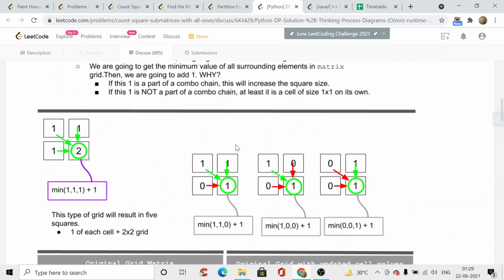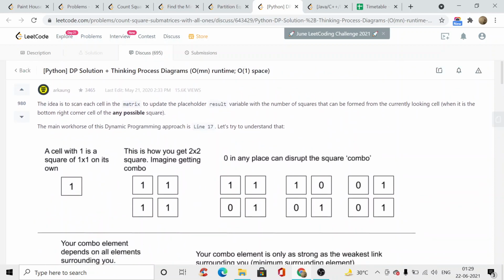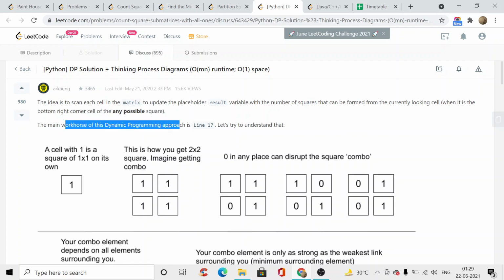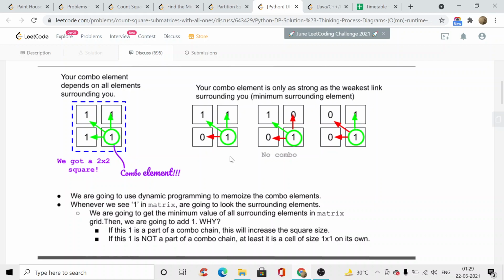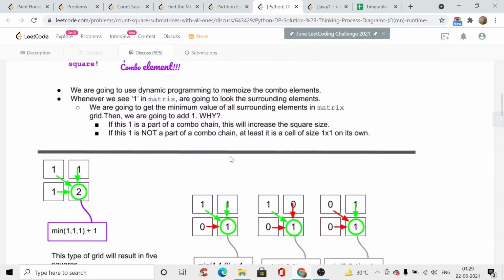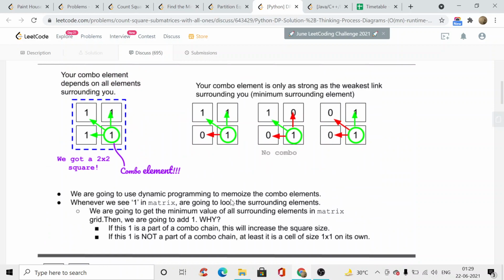So it says that the idea is to scan each cell in the matrix to update the placeholder result with the number of squares that can be formed from the currently looked-at cell. We are going to use an entry to memorize the combo elements. Whenever we see 1 in the matrix, we look at surrounding elements because there is a possibility that it is going to make a square.